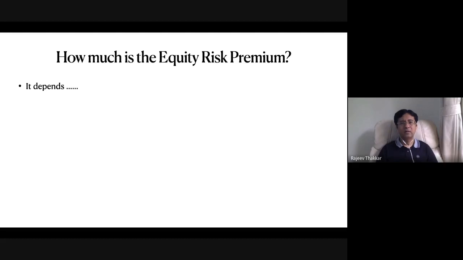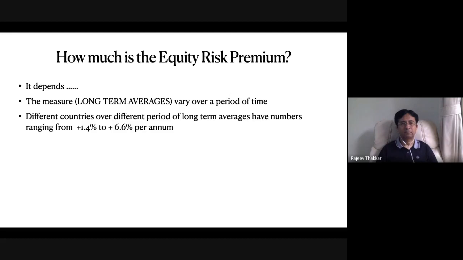One is the equity risk premium varies a bit from country to country. So each market does not have the same amount of equity risk premium. Also, it varies over the long term. So if you look at one decade, the equity risk premium will be different from what equity risk premium is in some other decade. So it varies from time to time.